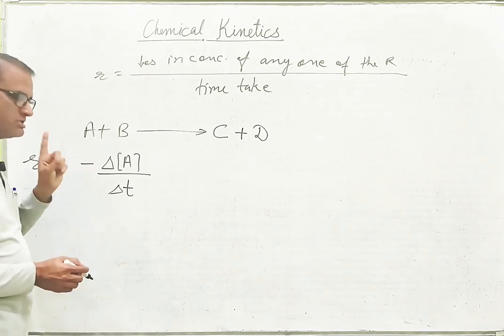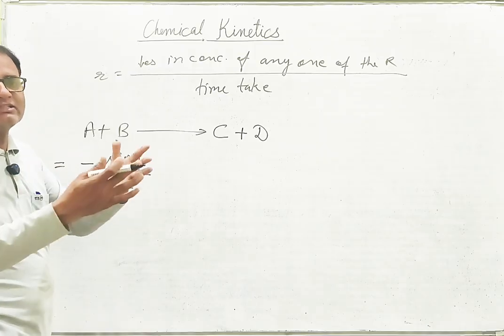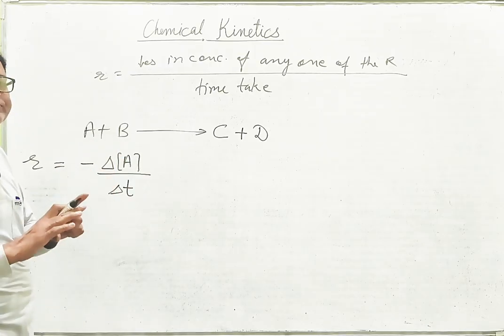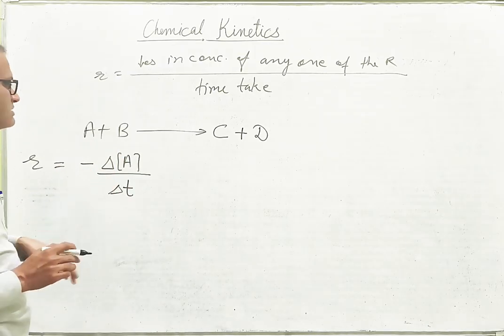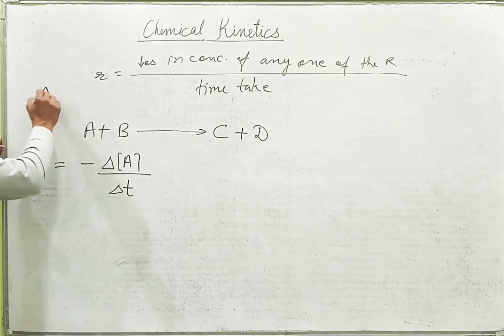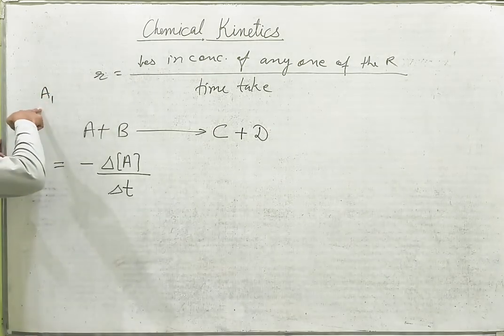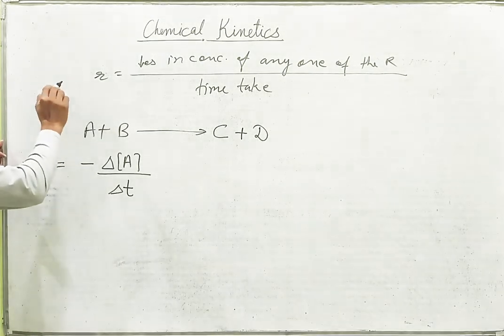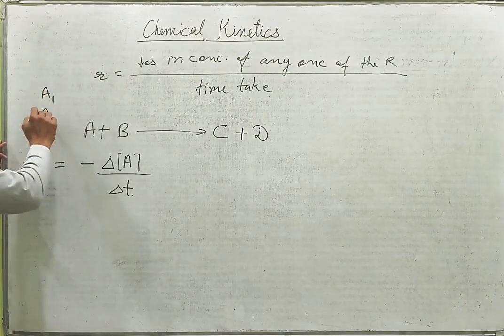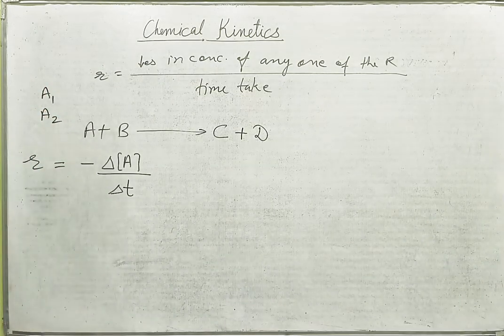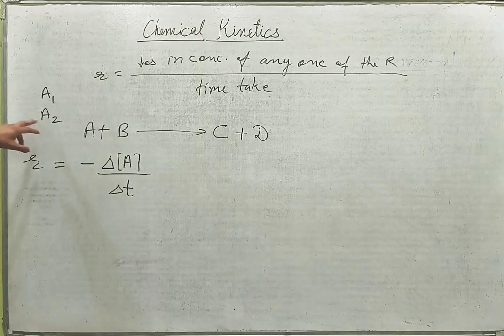The minus sign here means there is decrease in concentration of A. Say A1 is the initial concentration and A2 is the final concentration. So A2 will be less than A1.